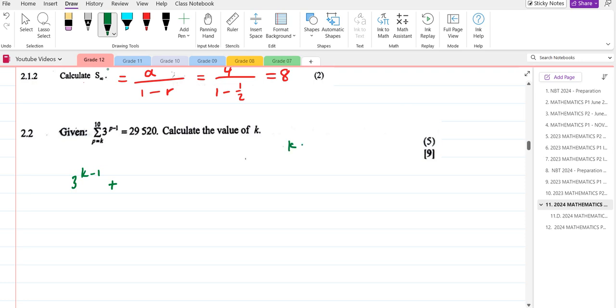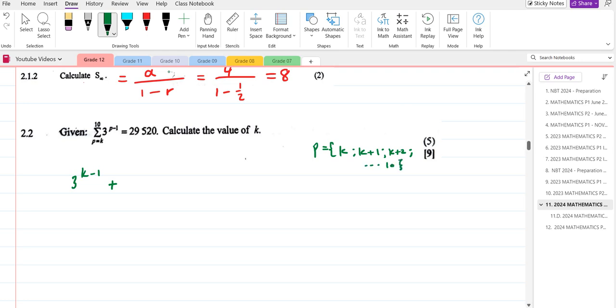So k plus 1, k plus 2, and so on. The values of p that you choose are k, k plus 1, k plus 2, and right up till 10.